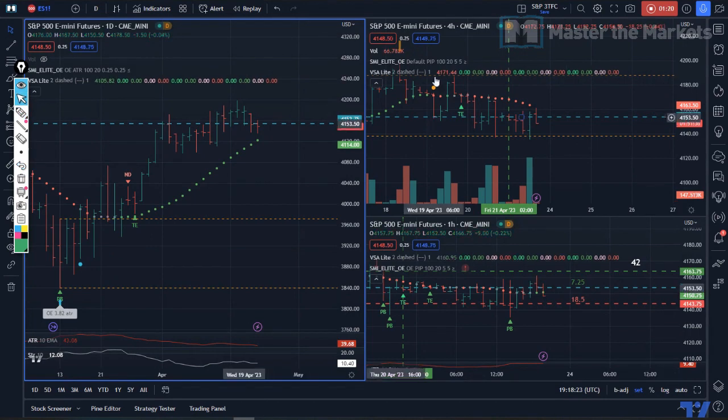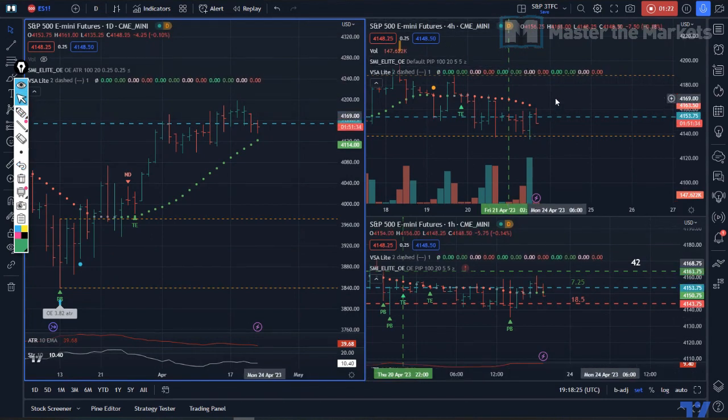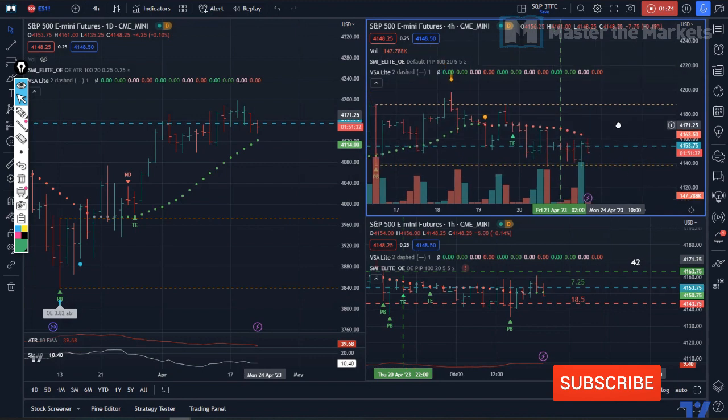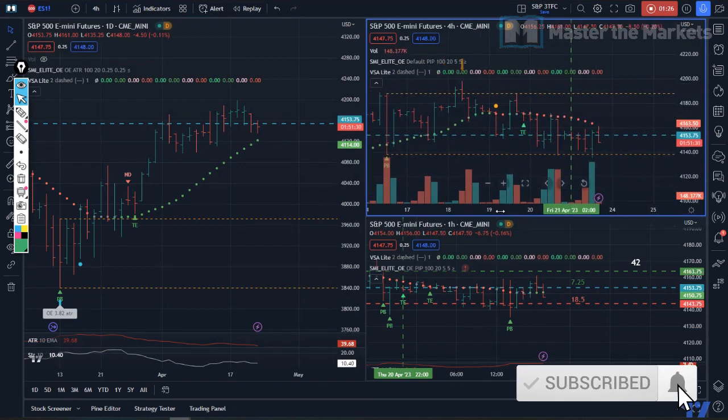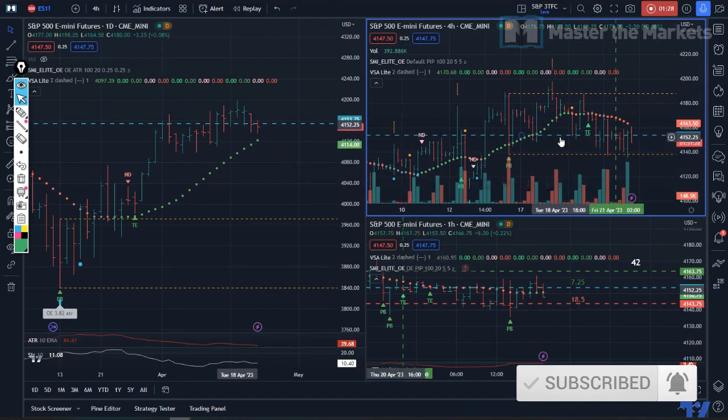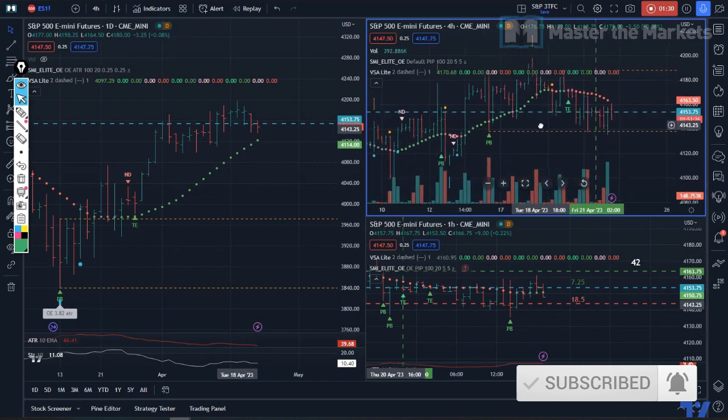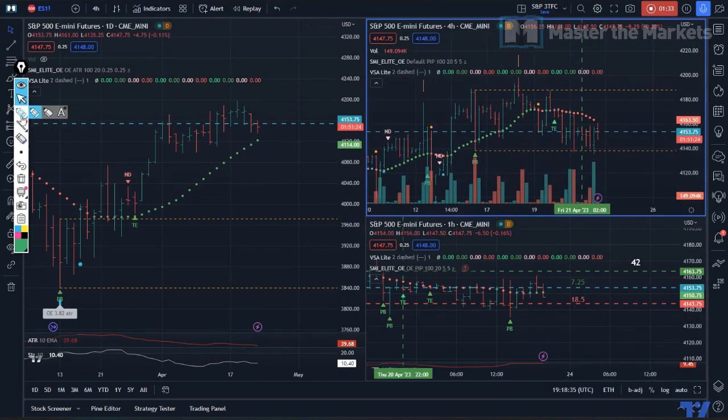Now, taking a look on the 4-hour and the 1-hour, the 4-hour on the other hand, you can also see that in terms of the trend, it's an uptrend at the moment, but it's a phase two, so it's a counter trend part over here. So on the daily time frame, it's an uptrend phase one.